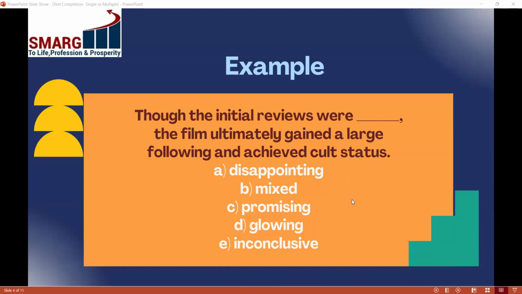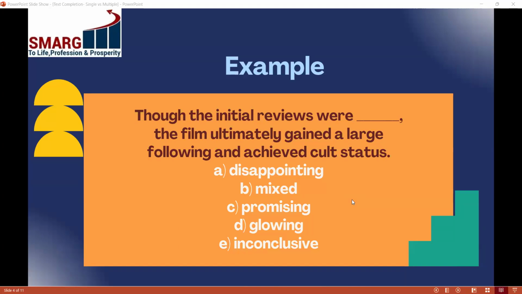And we are not talking about something that garnered no reaction at all. There was a reaction, but then the final result was something which was unexpected or the opposite of what was expected. Inconclusive completely goes away. Yes. Now we are left with A and B, disappointing and mixed.